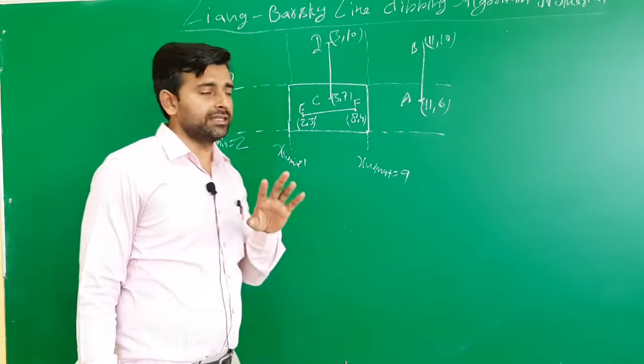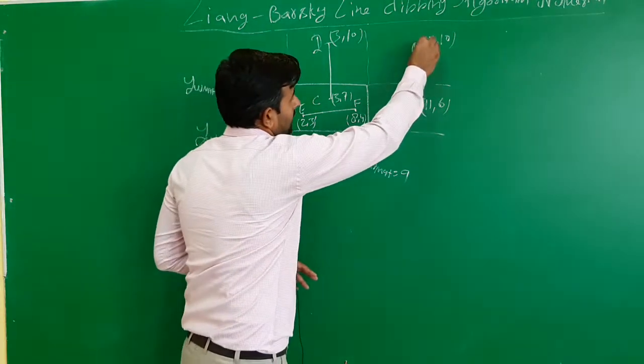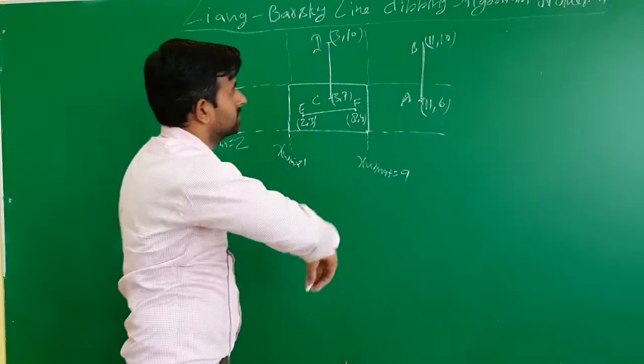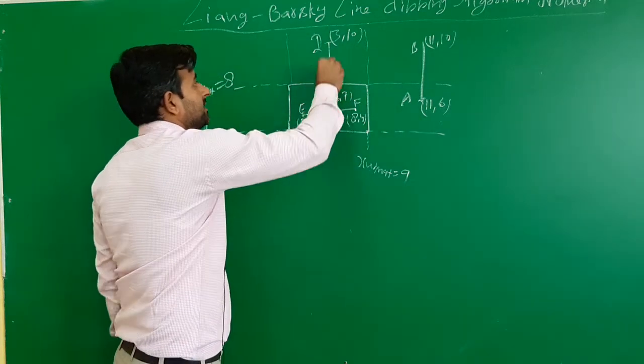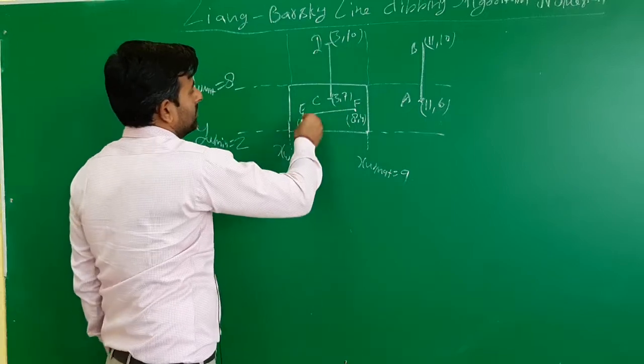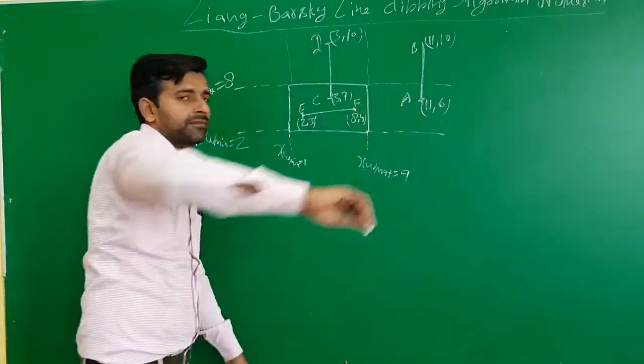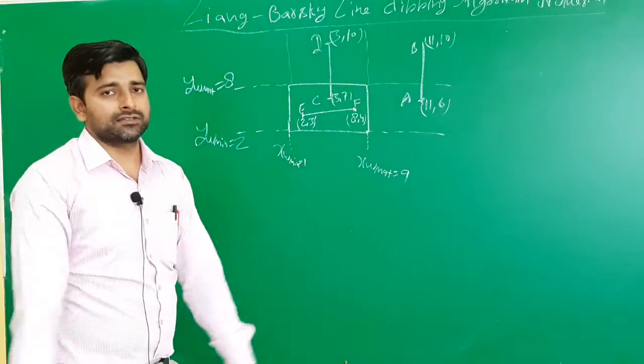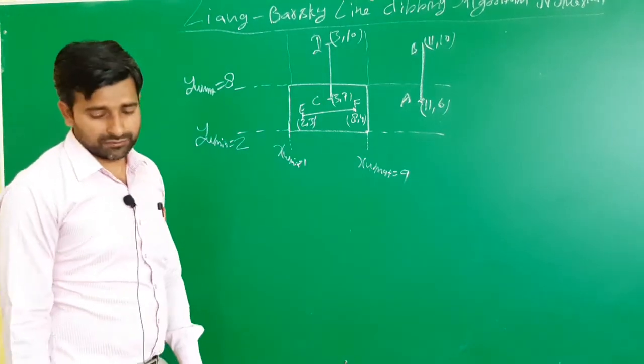That means for AB we have to find 12 values, and separately 12 values for CD and 12 values for EF. And what are those 12 values?